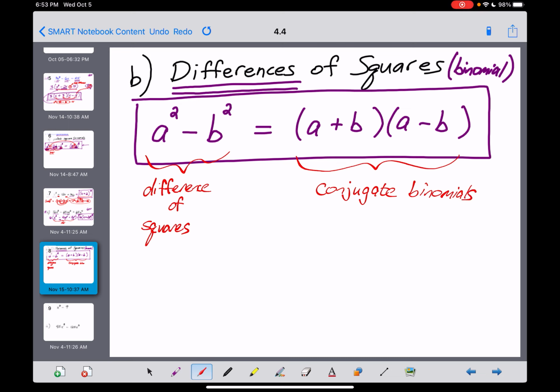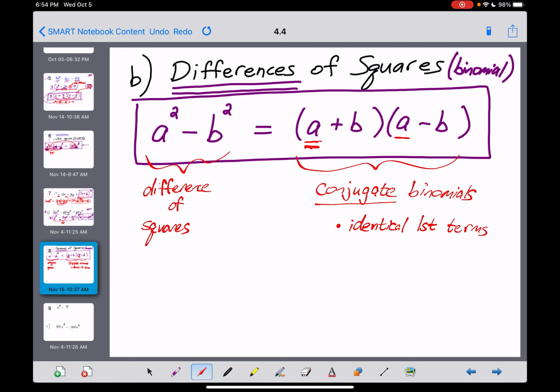Now, that is a phrase I'm not expecting you guys to know already, but we need to learn it here and know it by the time we get out of Chapter 4. Conjugate binomials are two binomials that have first terms that are identical. In fact, I'm going to write that down right here. They have identical first terms, a and a.